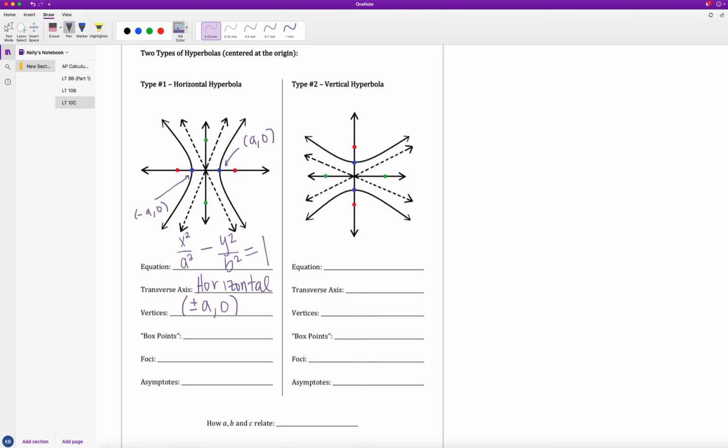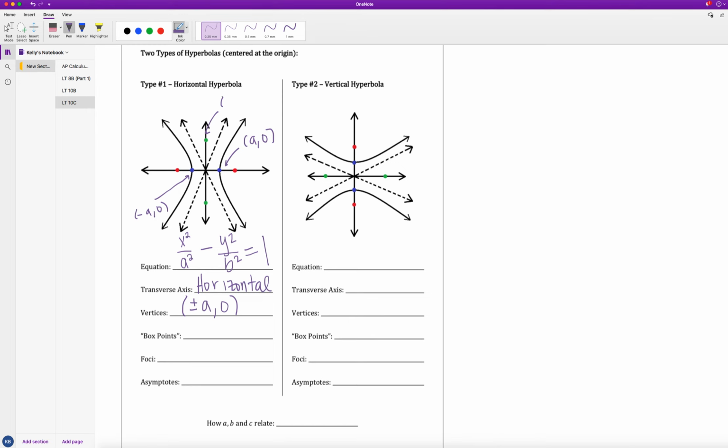The green points up here don't actually have a formal name. I've had old classes call them box points because you're going to see they help us create a box in a little bit. I used to call them no-name points. You can pick your favorite name for them. But they have to do with the y term, and they're actually coming from the b.